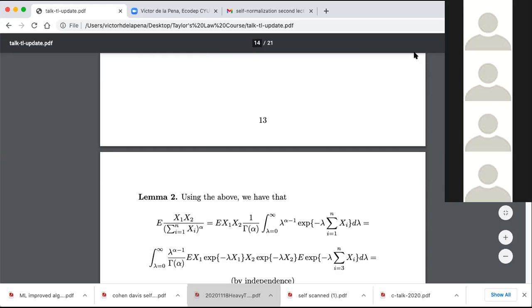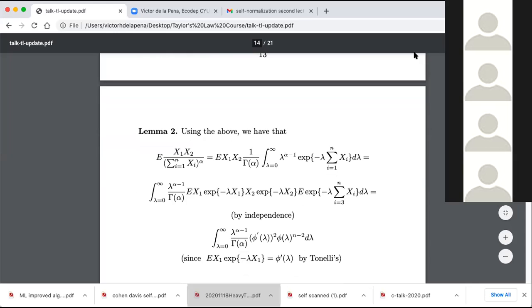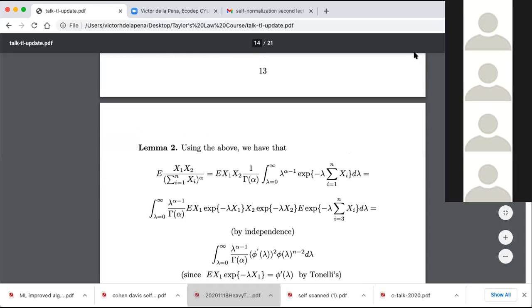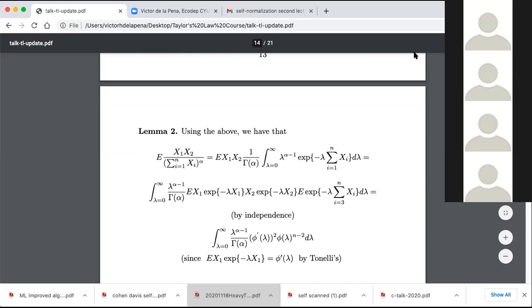And the third one is the Laplace transform of your variable to the n minus 2, because I have n minus 2 variables left. So that line, by independence, is equal to the integral from 0 to infinity of lambda to the alpha minus 1 over gamma of alpha, times the derivative of the Laplace transform squared, times the Laplace transform to the n minus 2, d lambda.